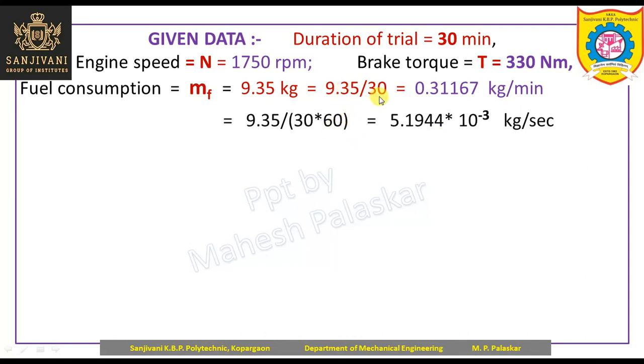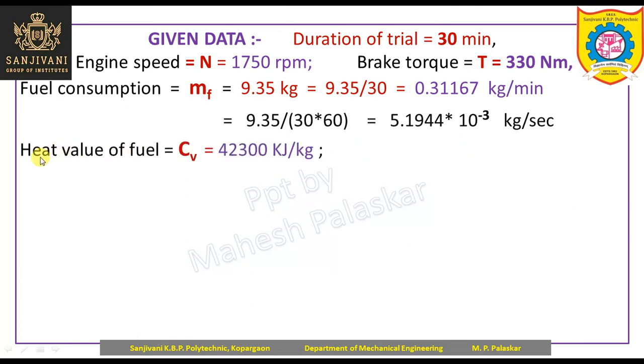So here 9.35 is divided by 30 and further divided by 60, so that we get the mass of fuel consumed as 5.1944 into 10 raised to the power minus 3 kg per second.